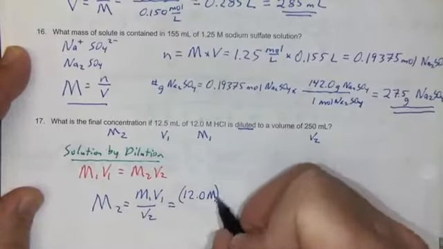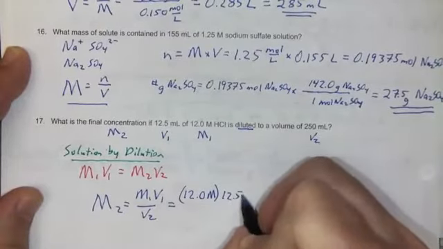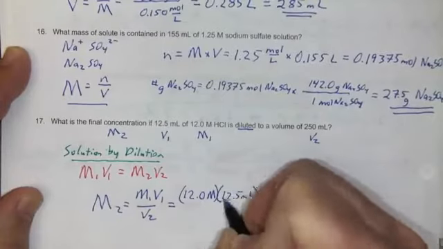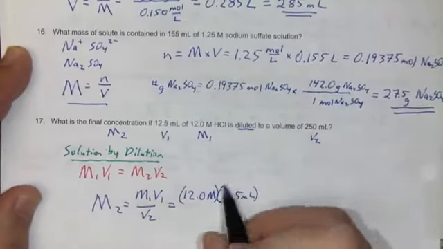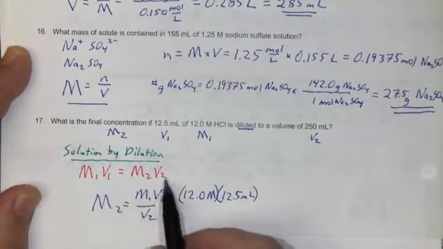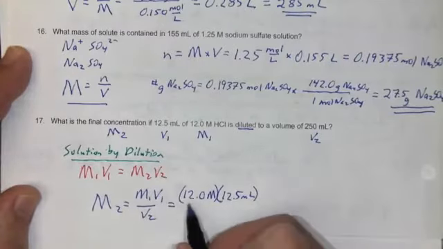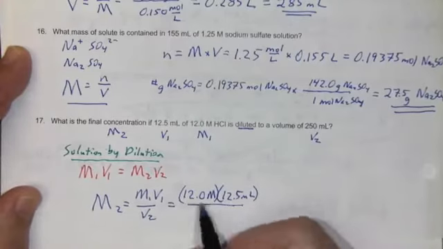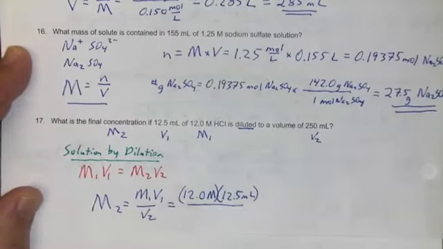What's the original volume? It's 12.5 milliliters. Now notice I did not convert this to liters, and that's okay. In a solution by dilution equation, you can use any unit for volume as long as you're consistent, as long as both units of volume are the same. So I'm going to leave this in milliliters. I'll divide by the new volume, and the new volume is 250 milliliters.